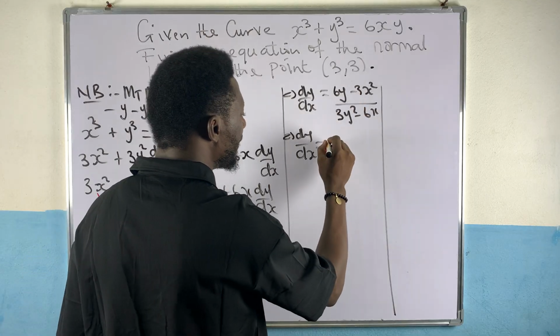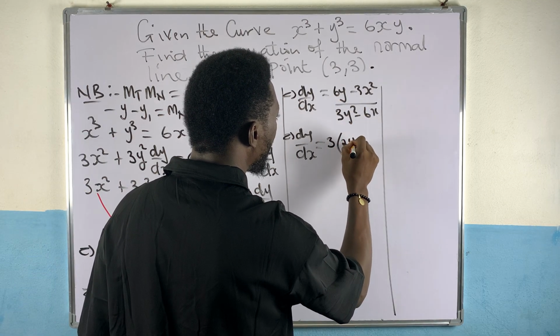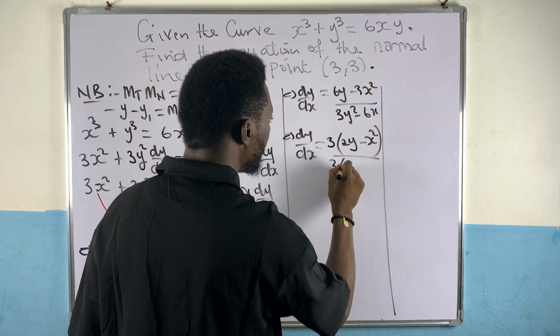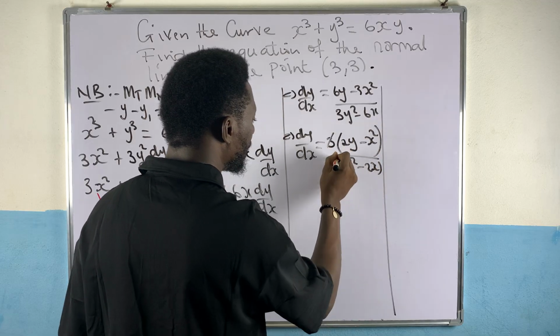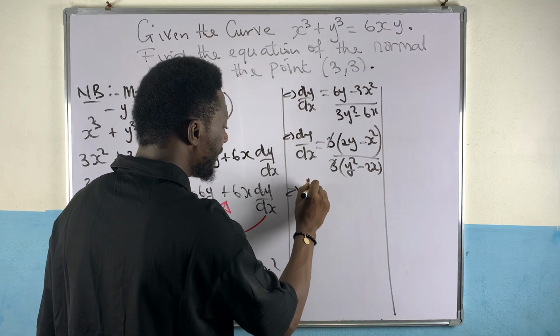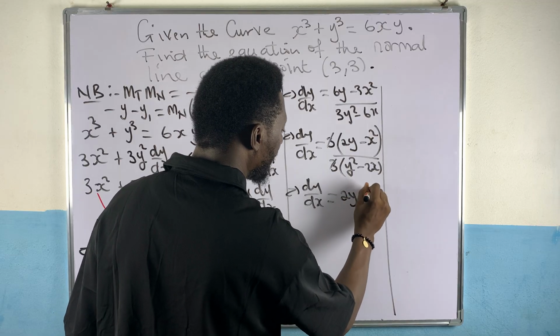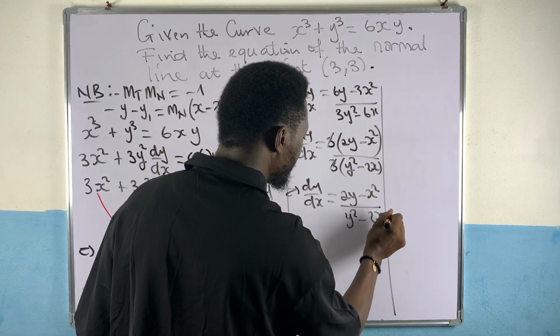In the numerator, I have 3 into (2y minus x²), divided by 3 into (y² minus 2x). So 3 and 3 cancel. So my dy/dx is actually (2y minus x²) over (y² minus 2x).